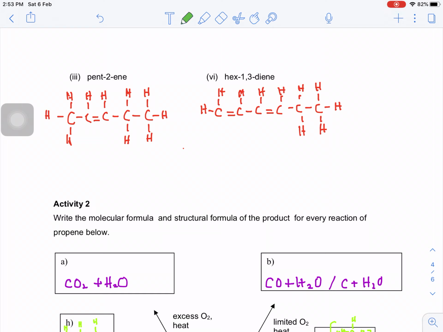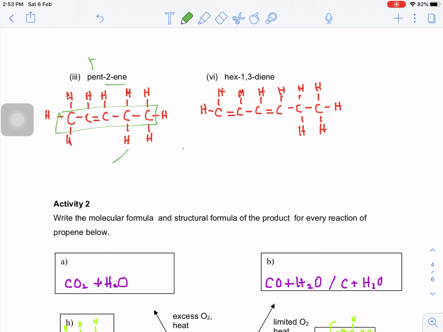Pen maksudnya ada 5. So 1, 2, 3, 4, 5. At carbon 2, dah ada carbon-carbon double bond. And then lengkapkan hidrogen. Jangan cacatkan. Berdosa hukumnya.